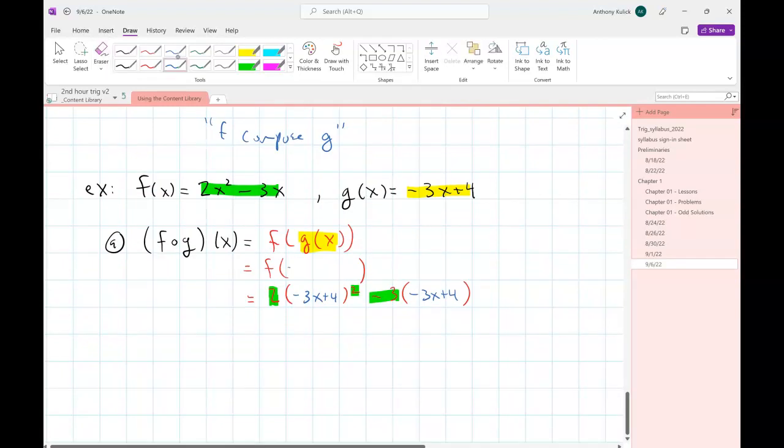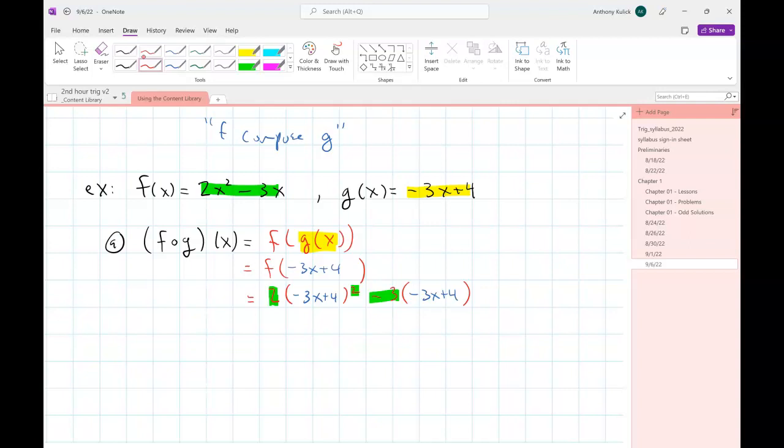Maybe I'll color code that. Is that okay with everybody? It's not that hard. Where did the g of x go? I just used the definition of what g of x is. G of x is negative 3x plus 4, so I replace the g of x with negative 3x plus 4.